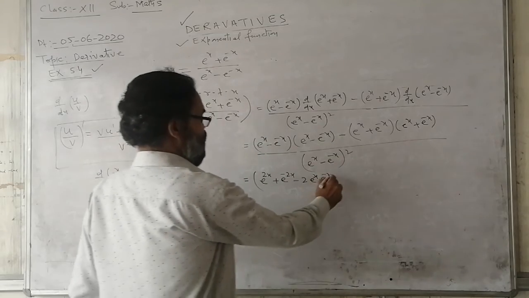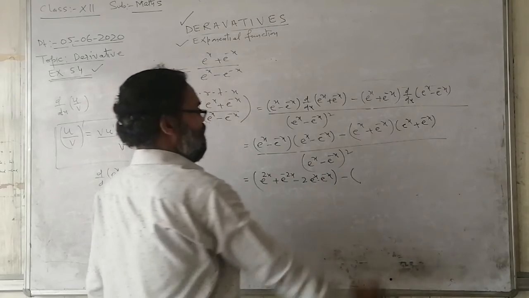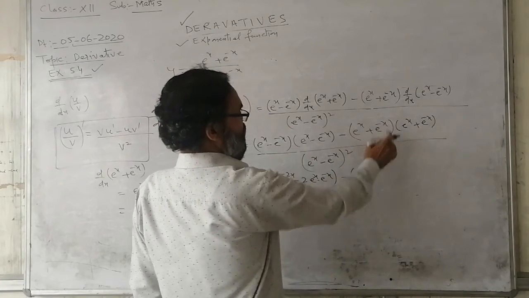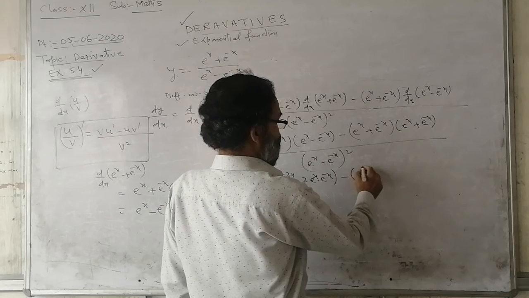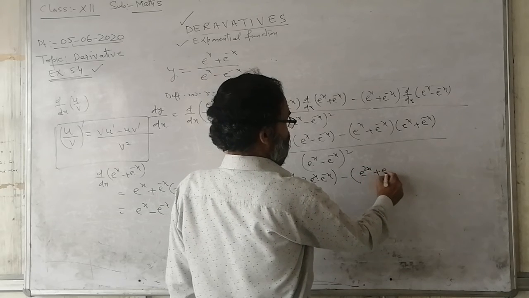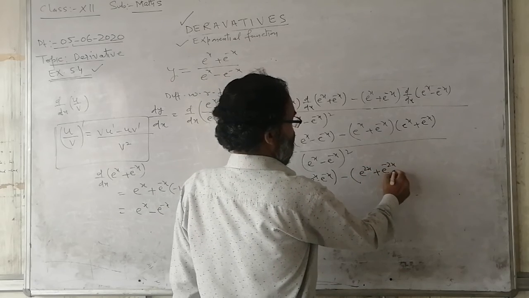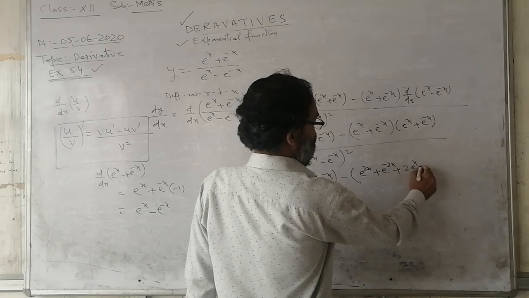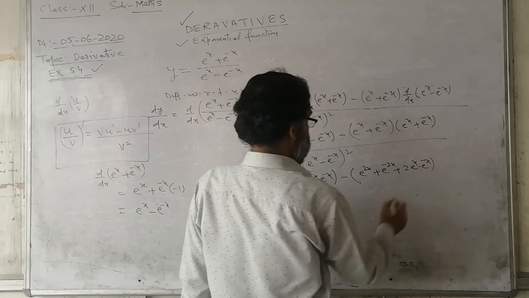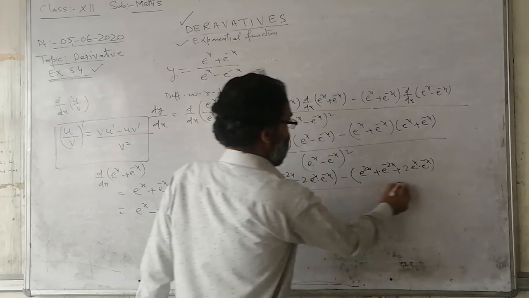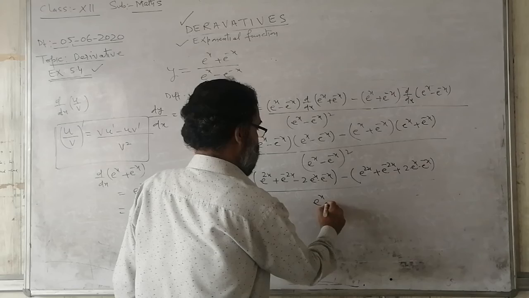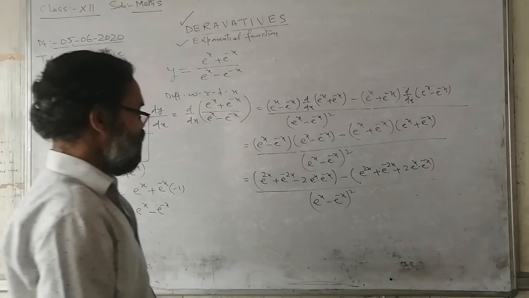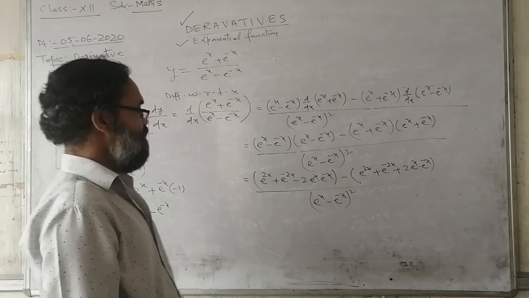So these are the three terms. And again if I multiply here, it is (e^x - e^-x) whole square, so this will be e^2x plus e^-2x minus 2 times e^x e^-x, upon (e^x + e^-x) whole square. So 3 terms are here, 3 terms are here.